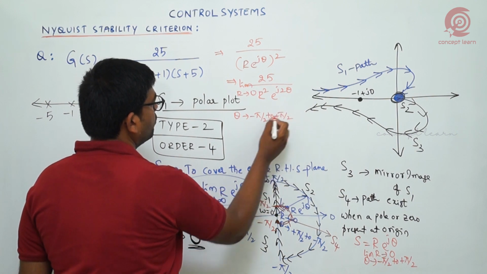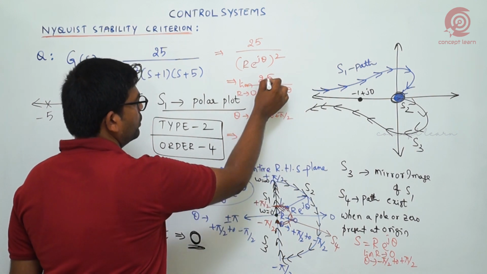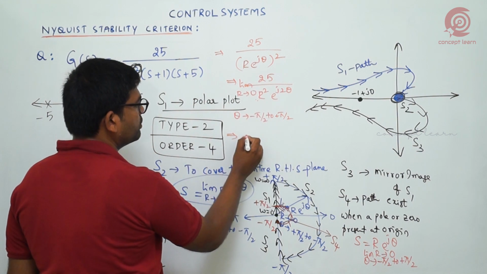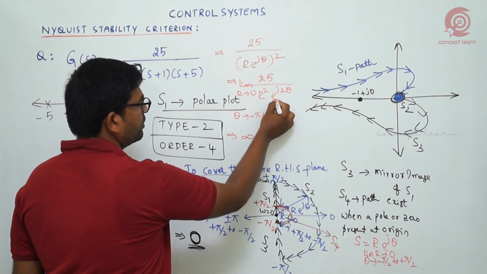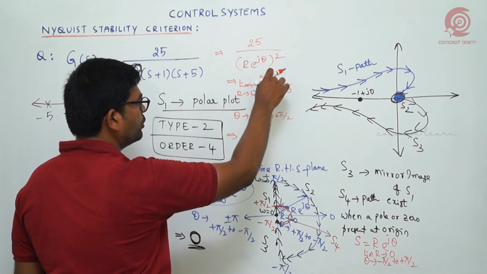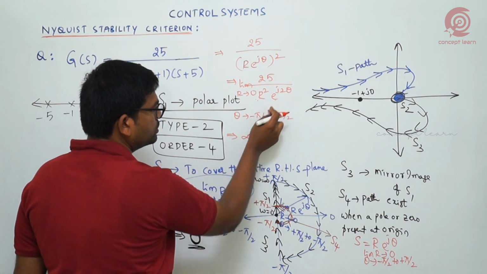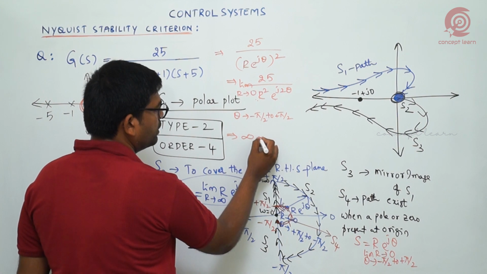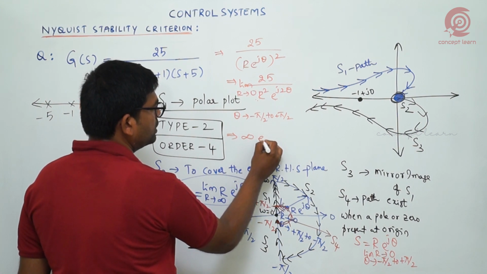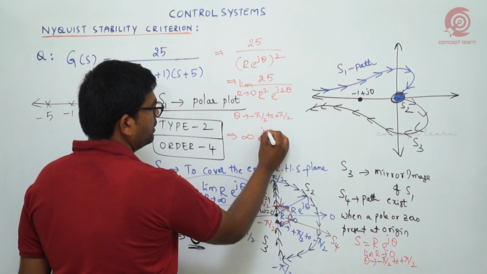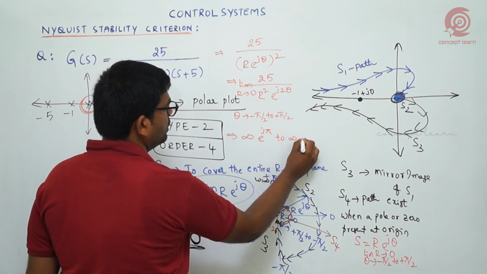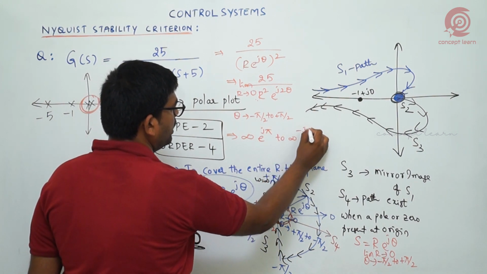If you substitute, 25 by something by 0 gives infinity. The e^(j2θ), if you write it into the numerator, we get a minus sign. Minus of minus becomes plus, and the 2 gets cancelled. So we get infinity e^(jφ) to infinity e^(-jφ).